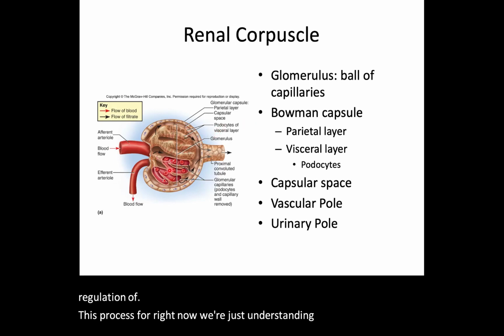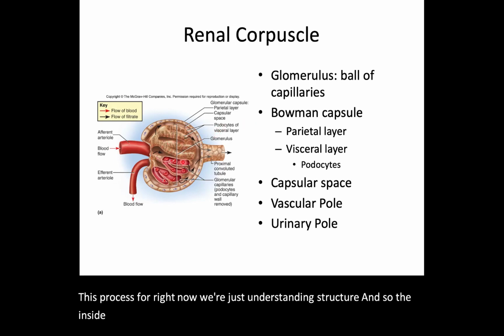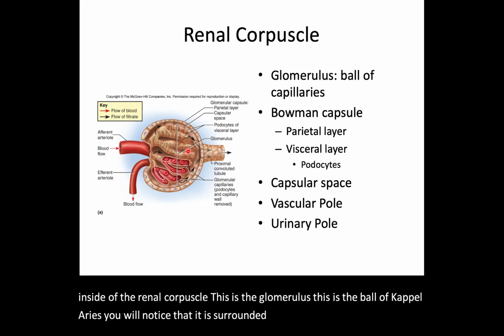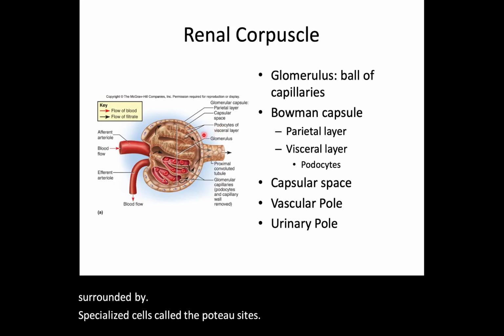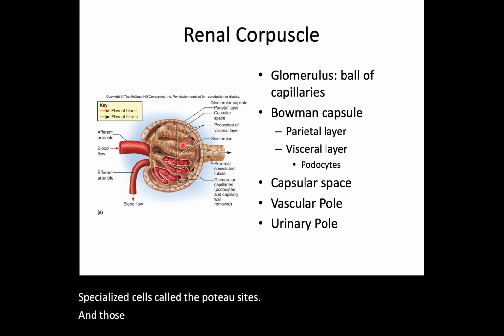The inside of the renal corpuscle is the glomerulus, the ball of capillaries. You will notice that those capillaries are surrounded by specialized cells called podocytes. Those podocytes regulate filtration, and so they regulate the selective permeability of those blood vessels.